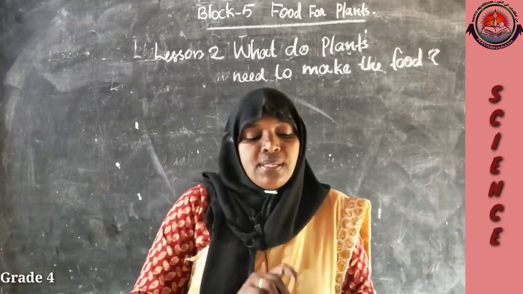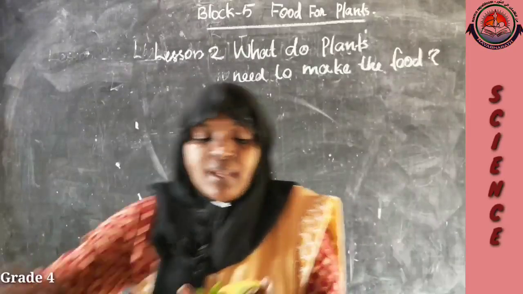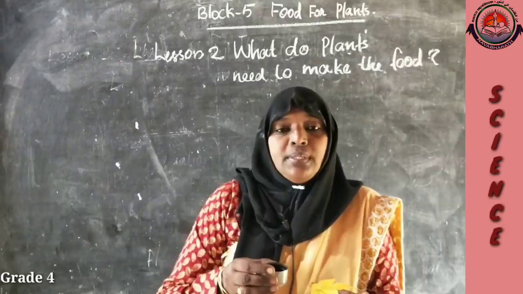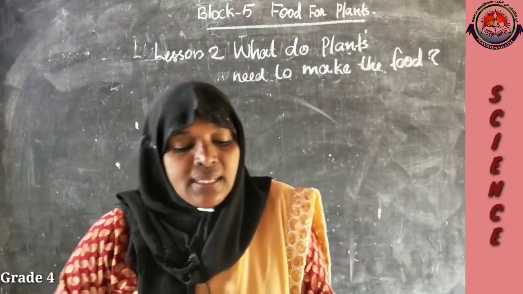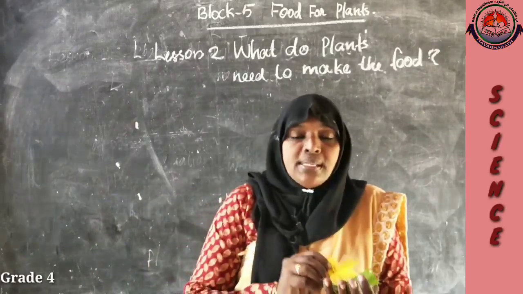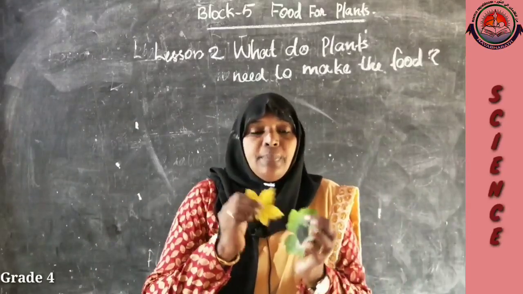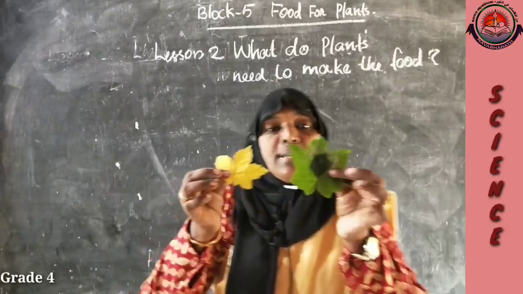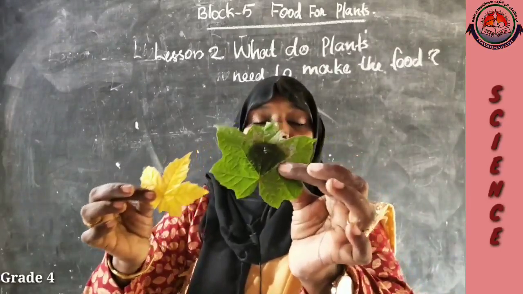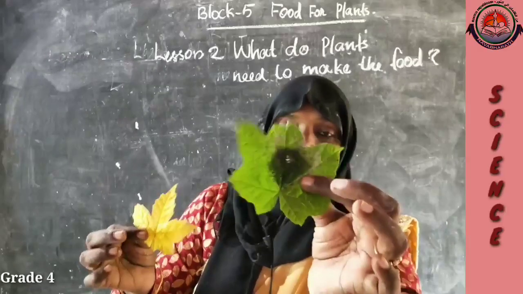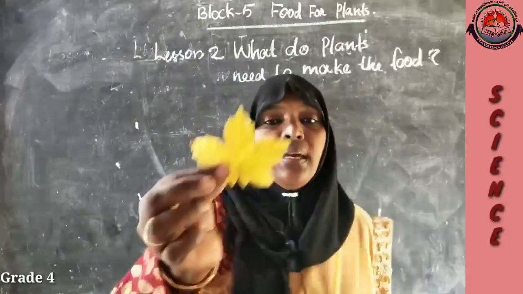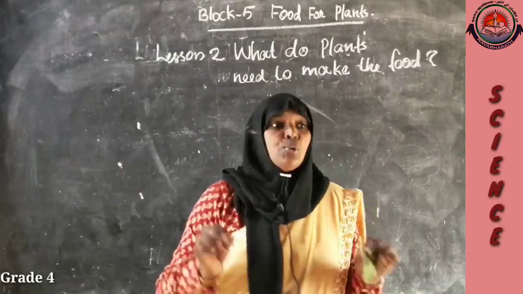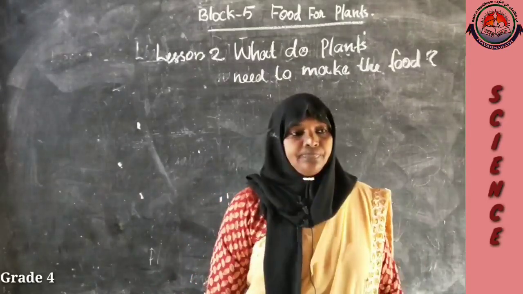Take both of the leaves and add some iodine solution on them. Only some drops I pour here. Then check the leaves. You can see the color of this leaf changed into black. Here no change. I selected two leaves of the plant.